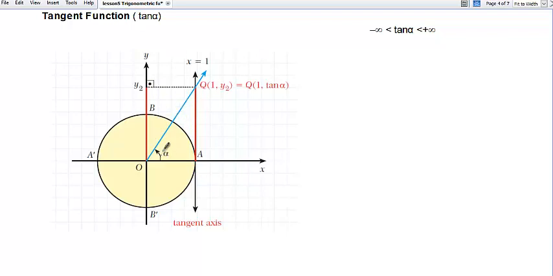Then the length between the x-axis and the intersection point of the ray is called tangent alpha. And tangent alpha gets its values between -infinity and infinity.